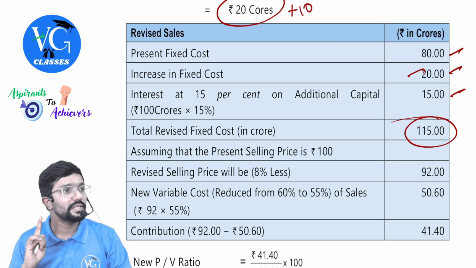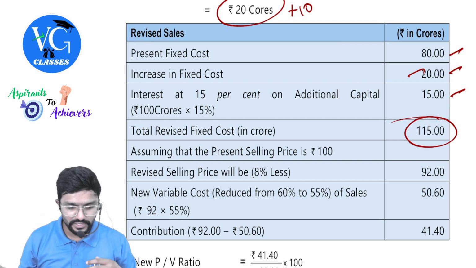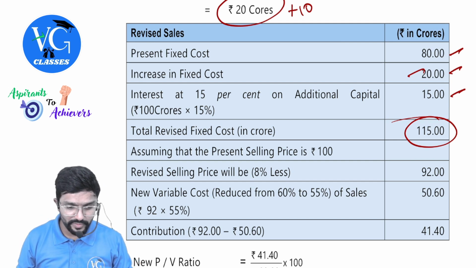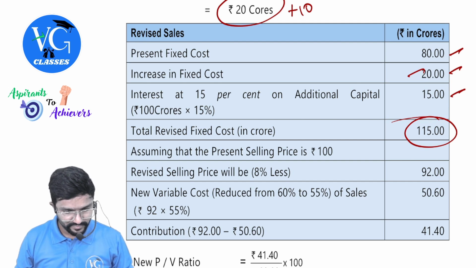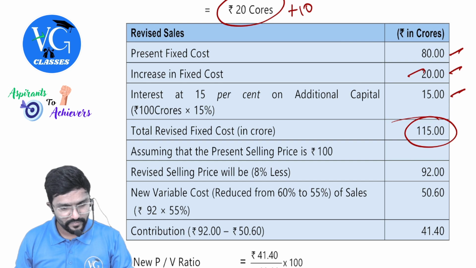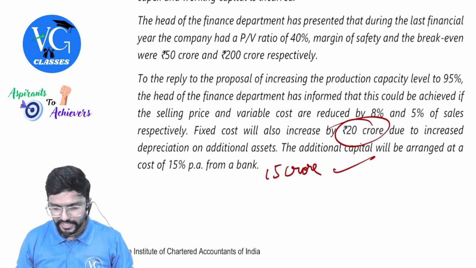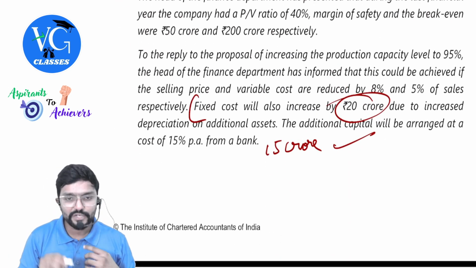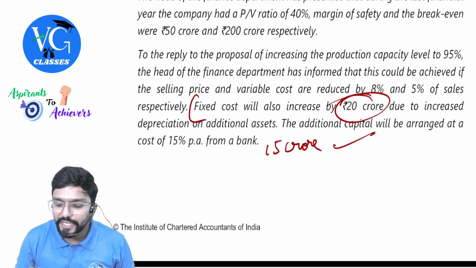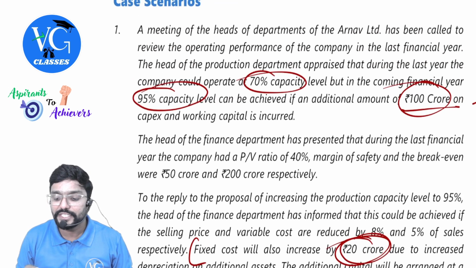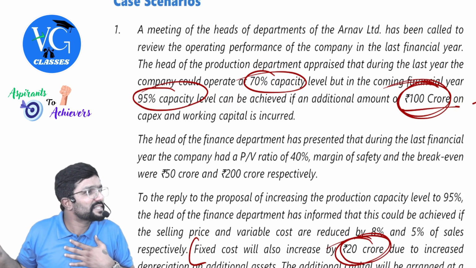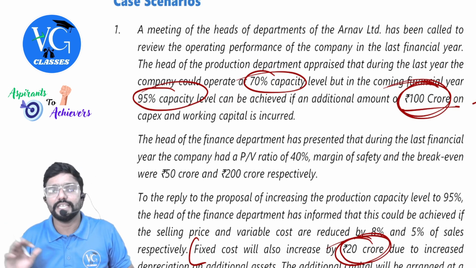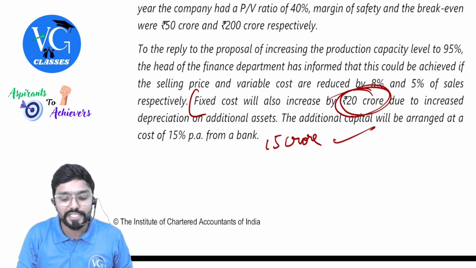No. Please be careful. Let me go back one second, because that confusion might come. Let me read that sentence. Important. Guys, listen. Fixed cost will also increase by 20 crore due to increased depreciation. That is not on additional assets.